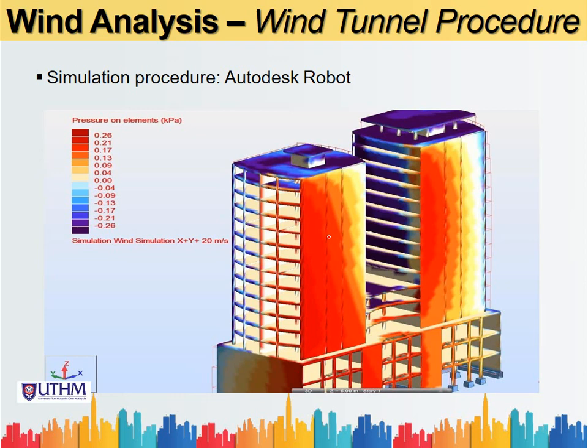Selalunya merah is for the more stress compared to the blue color. Okay, so kat sini if the wind load is increasing, this area is expected to fail first. Okay, and also it depends on the direction of the wind, okay, when this wind tunnel method is carried out.